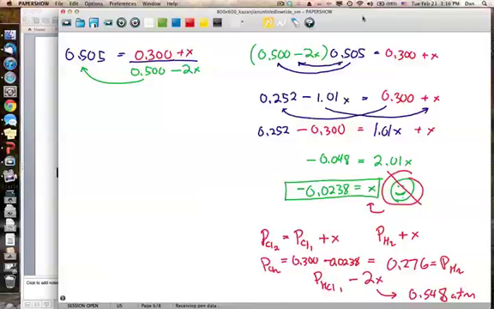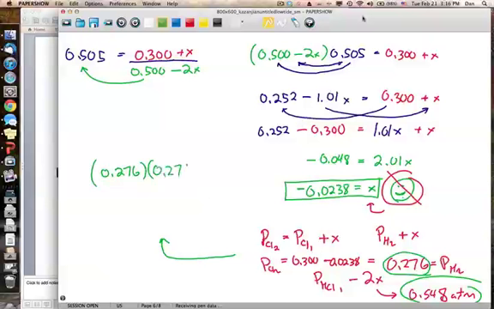Now we should be able to check our values. Again, we can plug these back into our equilibrium statement: 0.276 for the partial pressure of each, 0.276, all divided by the partial pressure of HCl, 0.548 atm, squared, should give us a value equivalent to our equilibrium constant.